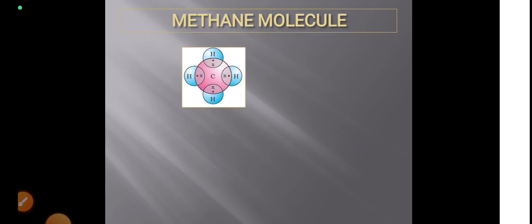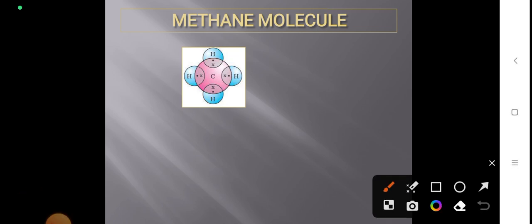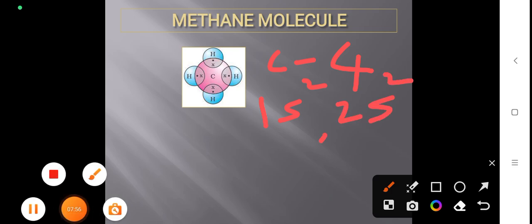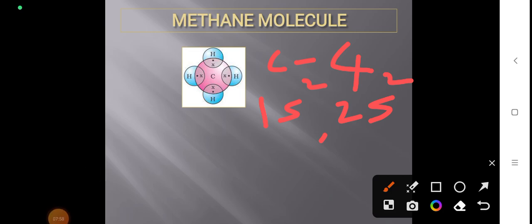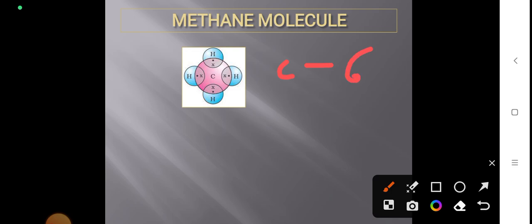Similarly, we have methane. Carbon atomic number is 6. When we write the electronic configuration, we are writing it as 1s2, 2s2 and 2p2.